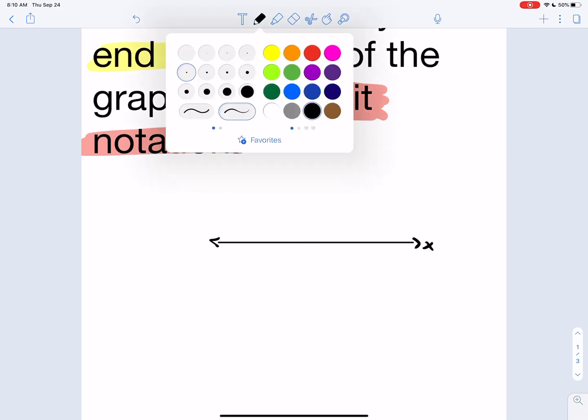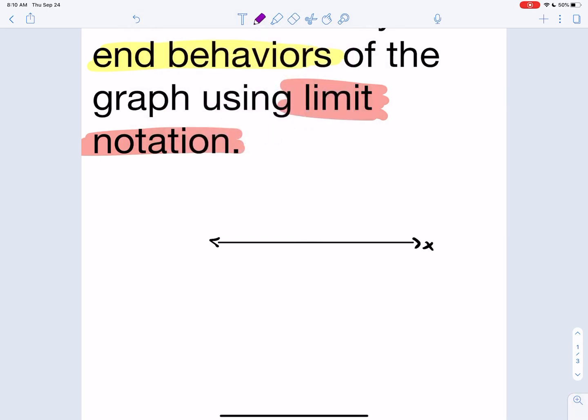I told you that if we go to the far left, that's really negative infinity, and that's not really a destination, it's a direction, because it keeps on going. If you go to the far right, the x's get larger and go all the way to infinity.